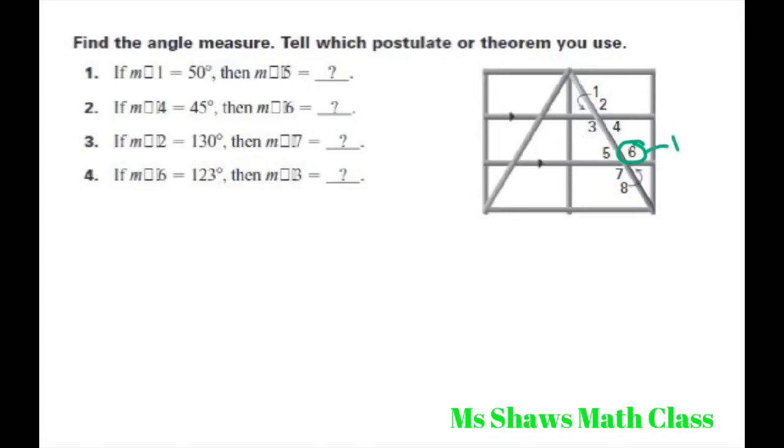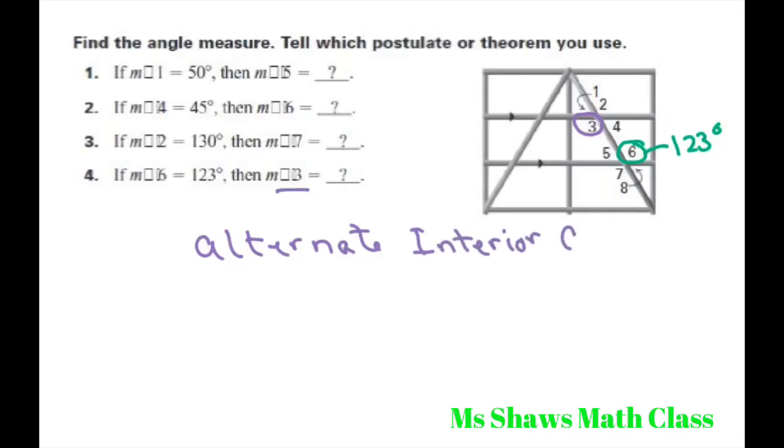And finally, the measure of angle 6, which is here, equals 123 degrees. So what is the measure of angle 3? Those are called the alternate interior angle theorem, which states that alternate interior angles are congruent if you have two parallel lines.